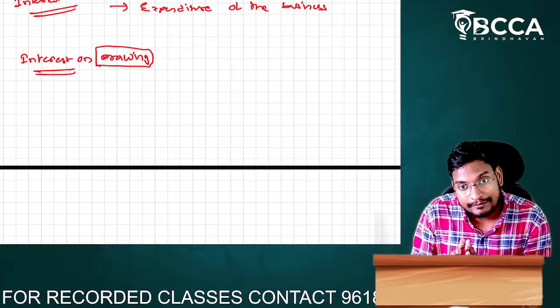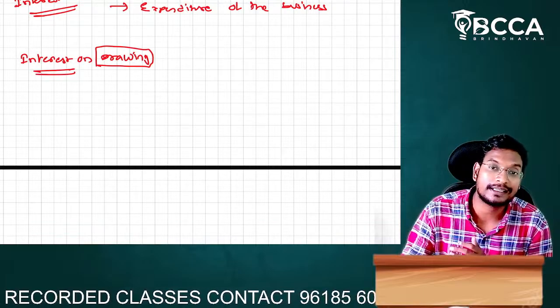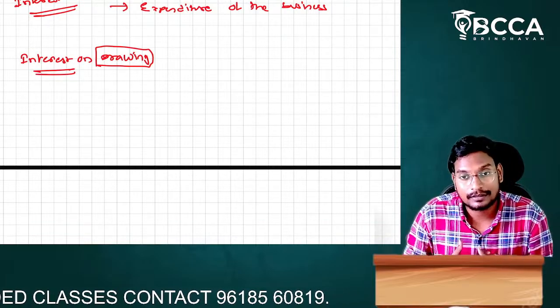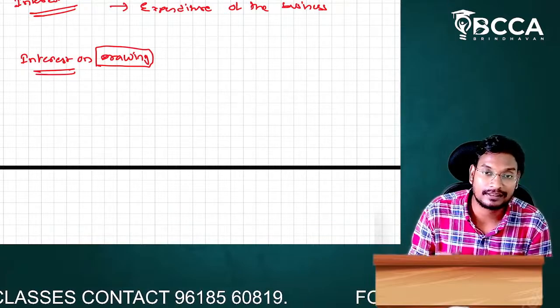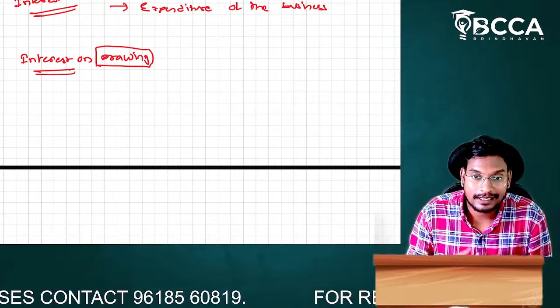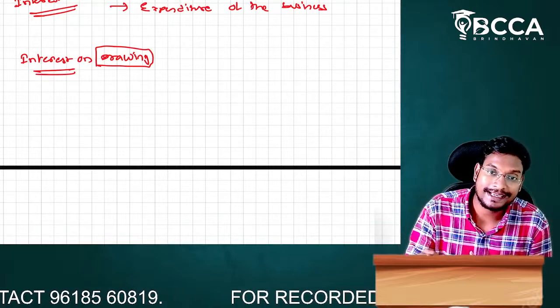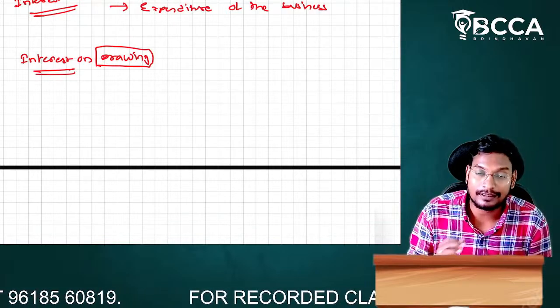Here, since it is taken away by the proprietor, the proprietor has to pay the business. So the business has to receive the drawings from the owner, so drawings are an asset for the business.